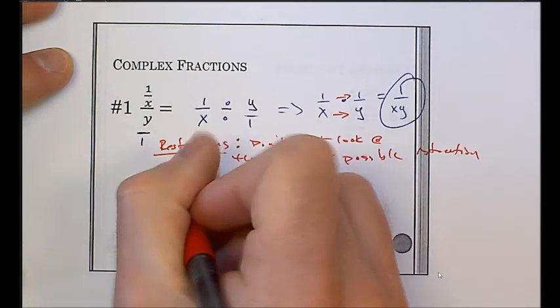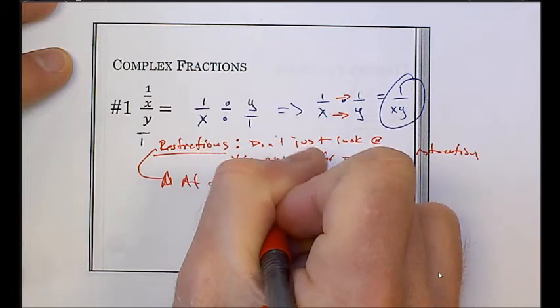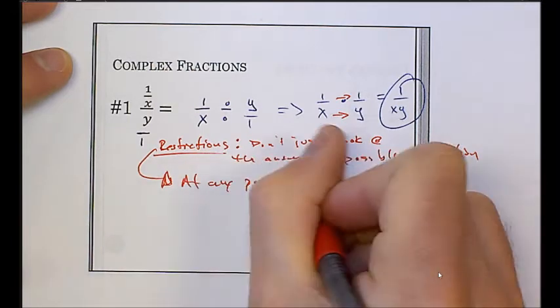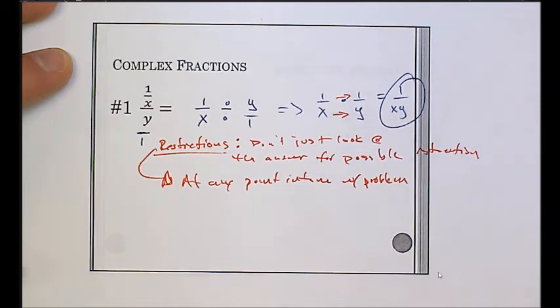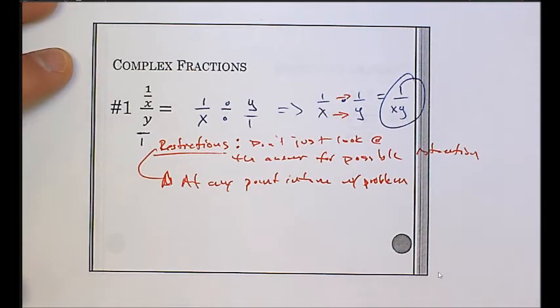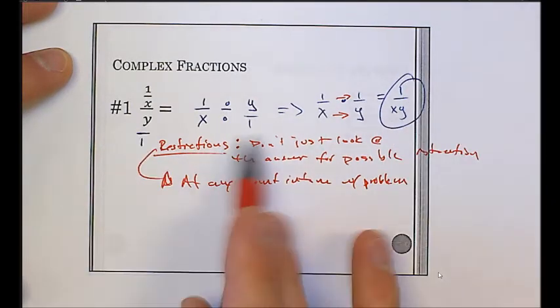But what you really need to do for restrictions is look at any point in time within the problem. I didn't mention that in lesson 6, I believe, or 7, but I'm making a point of it in 8. A lot of people will look just at the answer, but you have to look at any point in time in the problem to see if there are any other restrictions.